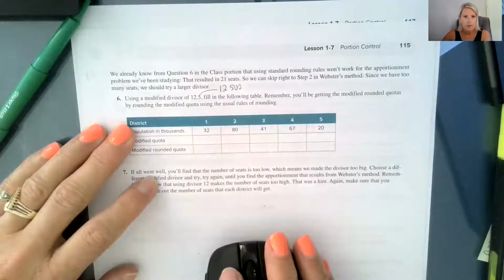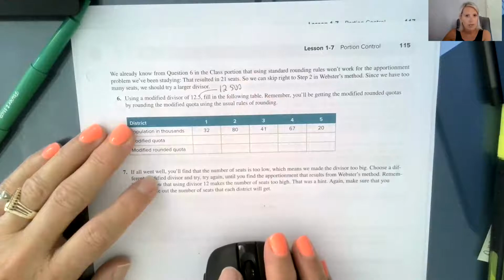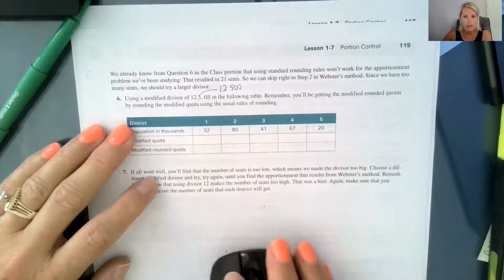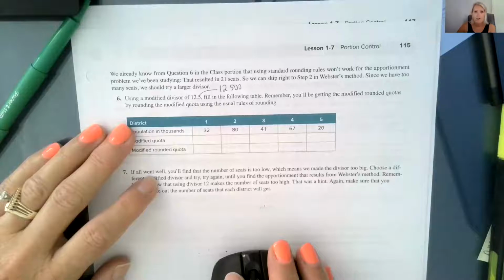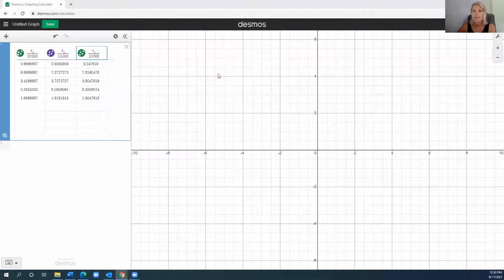I'm going to go to Desmos, and don't worry, if you go to the class recordings, you will see that I have put a link in the class recordings under lesson 1.7 down in JetNet under the date that we did 1.7. I put a link to the Desmos work, so don't worry there.